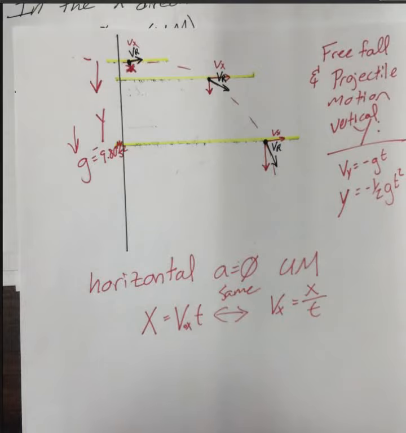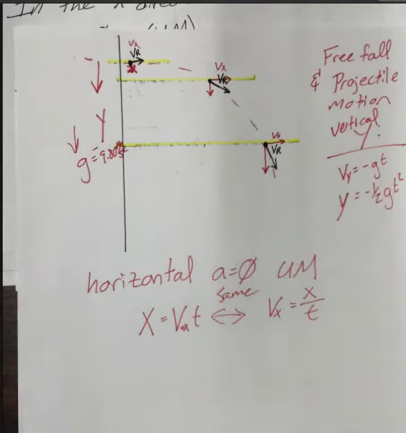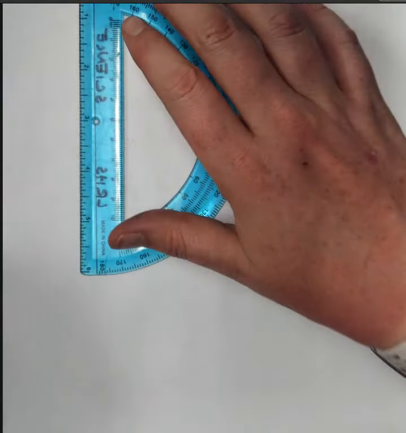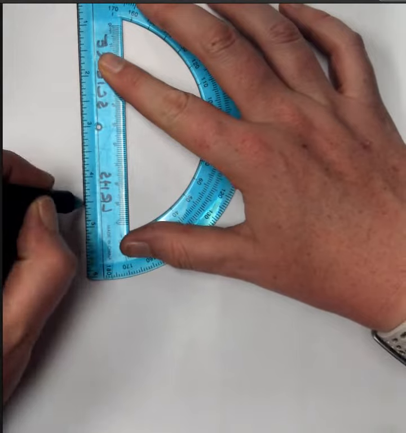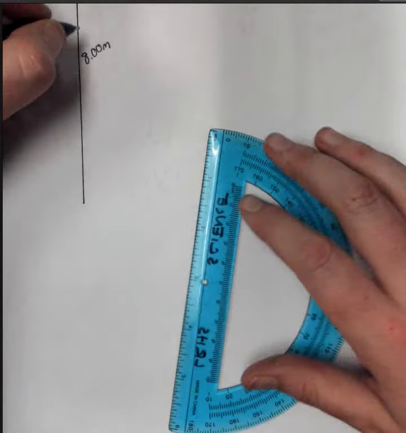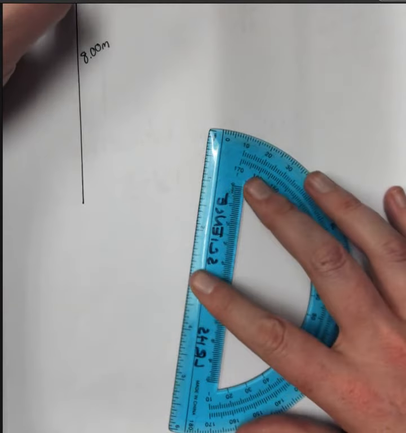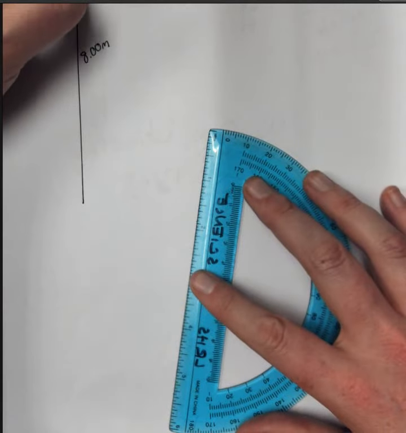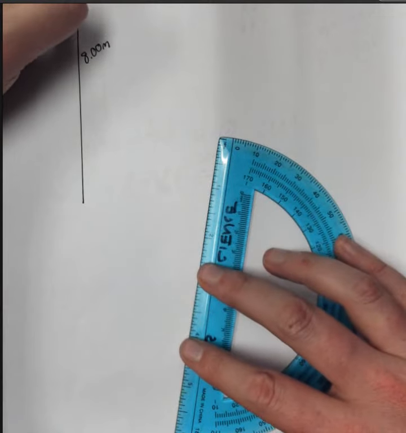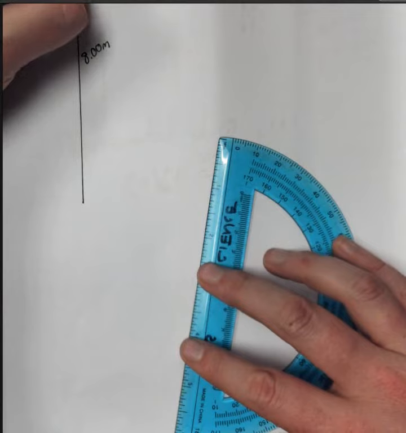So in a situation where you have some sort of falling object that was projected, we can say that this object was projected from a height of 8.00 meters, and it was projected with a velocity of, we'll say, 10.0 meters per second that way.